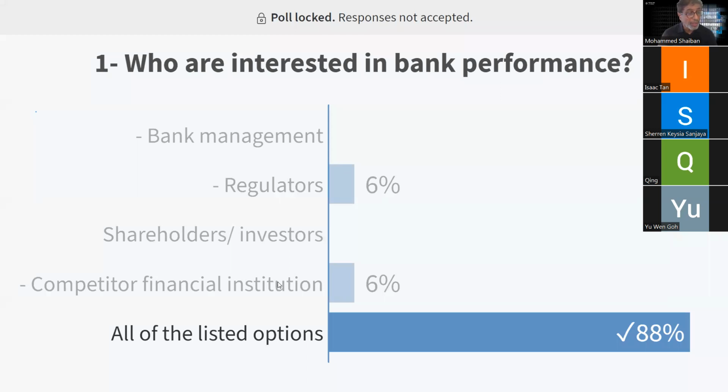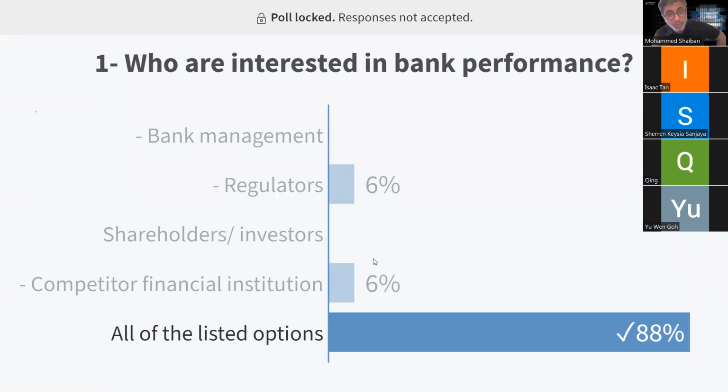Competitors also. The one who chose competitors is actually a very smart person, because in this free market economy we have to provide information if there are mergers or acquisitions. When we make big banks, it's very important. Yes, it's hard for us as a bank, but when somebody comes and takes over, it's good for the economy, good for the insiders, good for everything when you have huge banks.